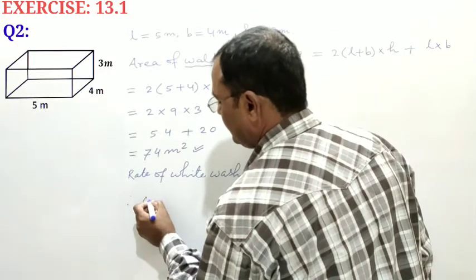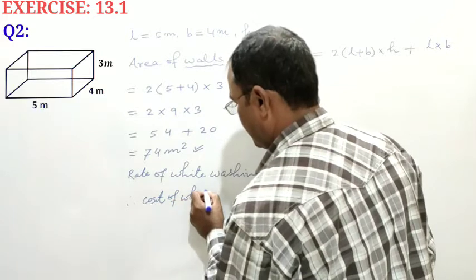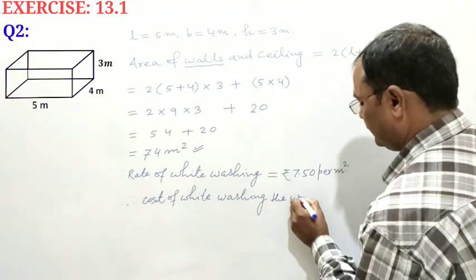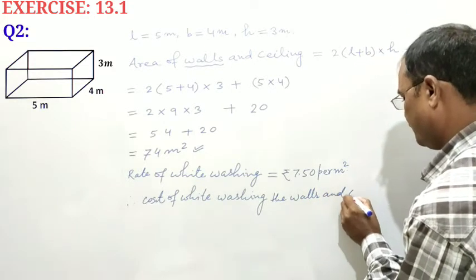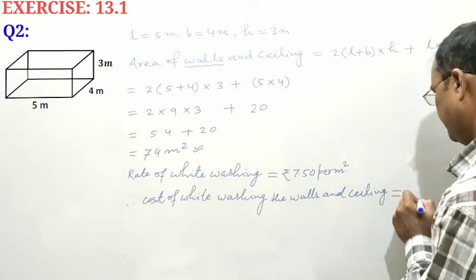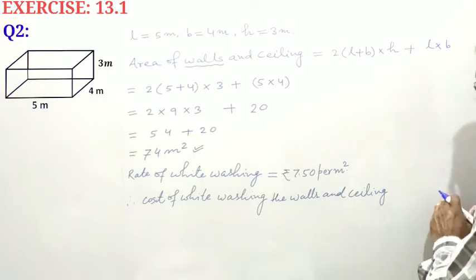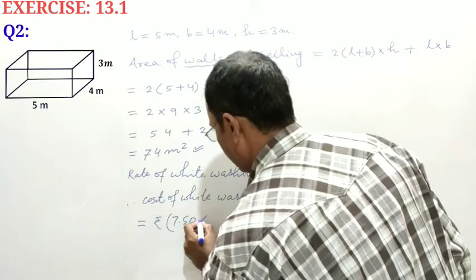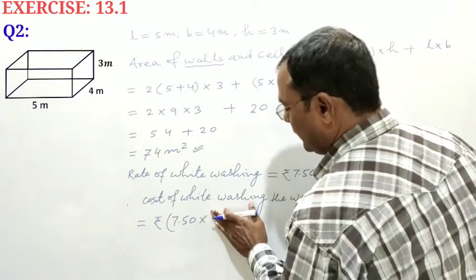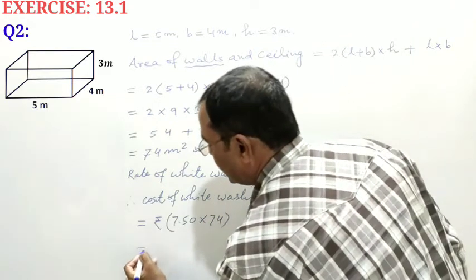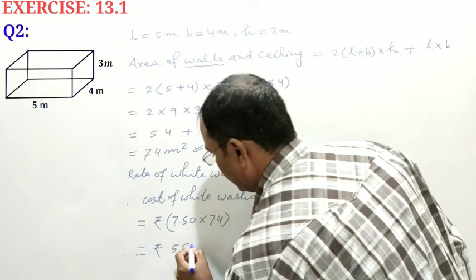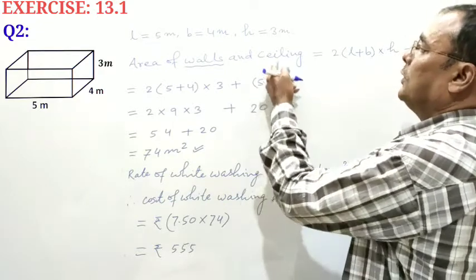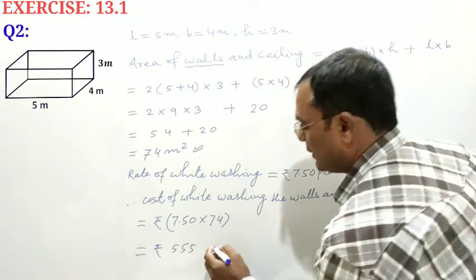Therefore, cost of whitewashing the walls and ceiling is equal to 7.50 into area to be whitewashed, 74 meter square, and this is equal to 555 rupees. 555 is total cost of whitewashing the 4 walls and ceiling of the cuboidal room, and this is the answer.